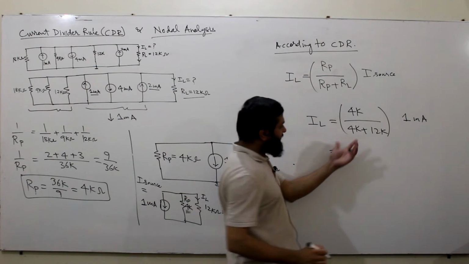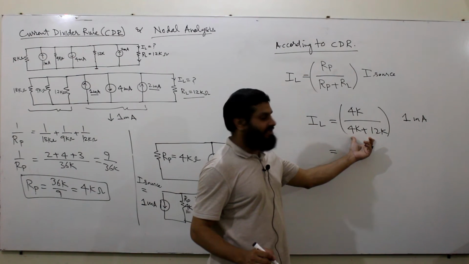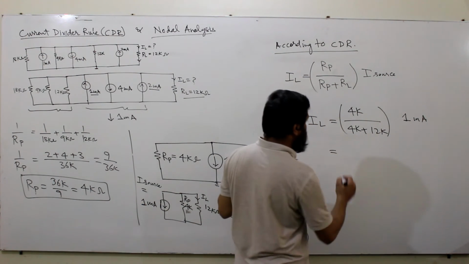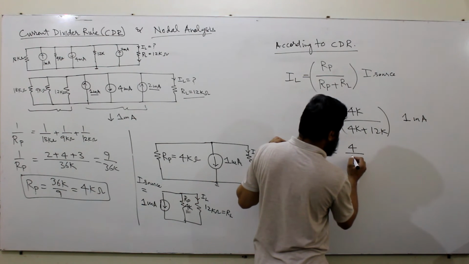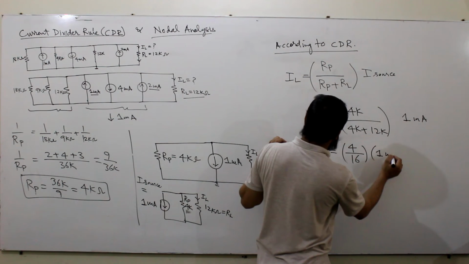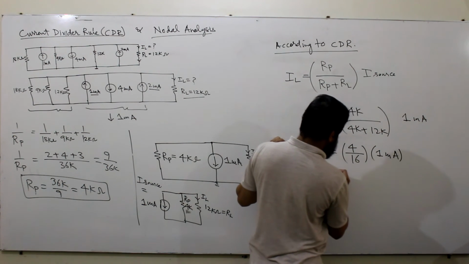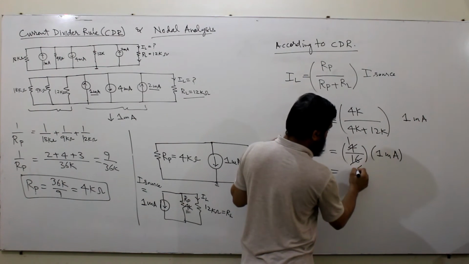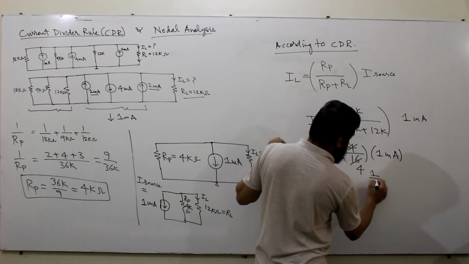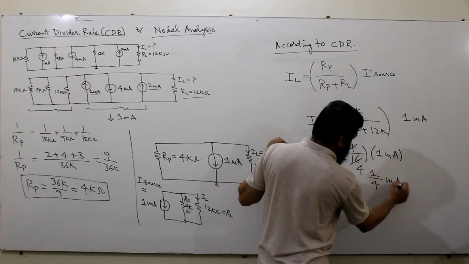You can easily see that kilo is common up and down, so kilo will be cancelled out, and what we will be left with is 4 divided by 16 into 1 milliampere. So this is actually 1 over 4 milliampere.